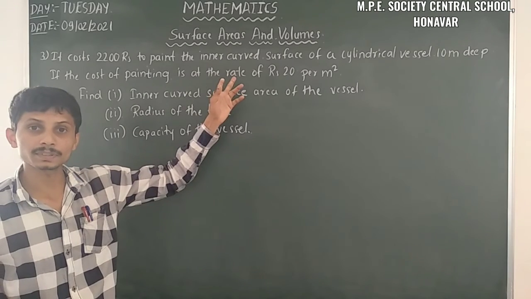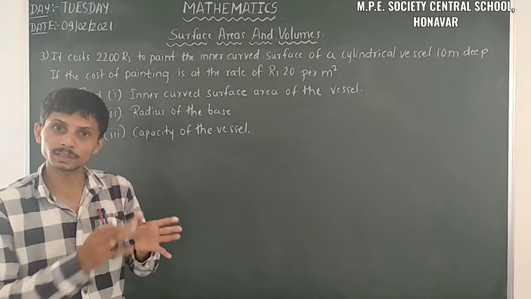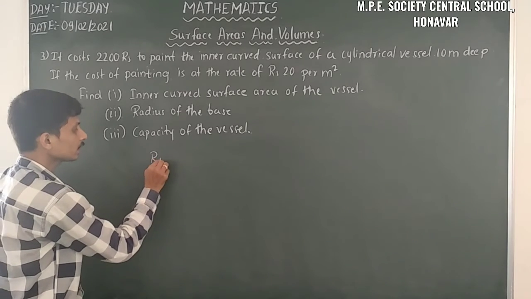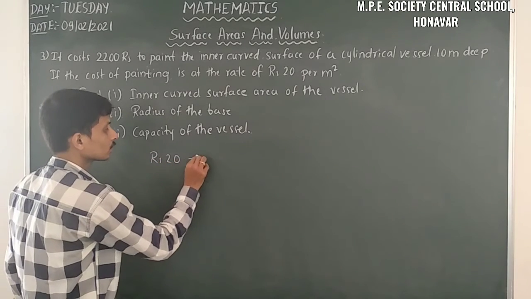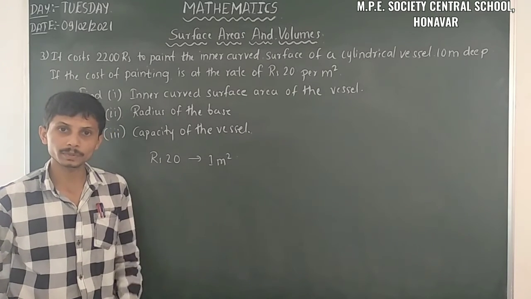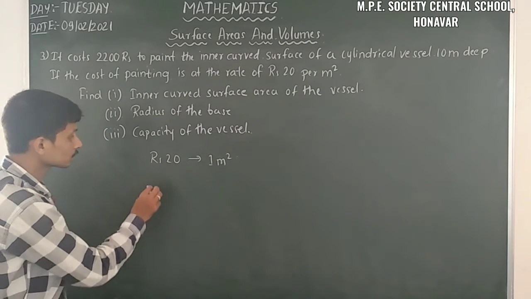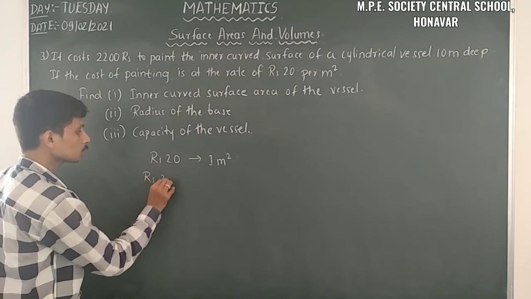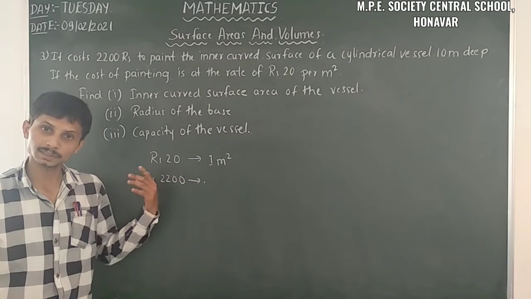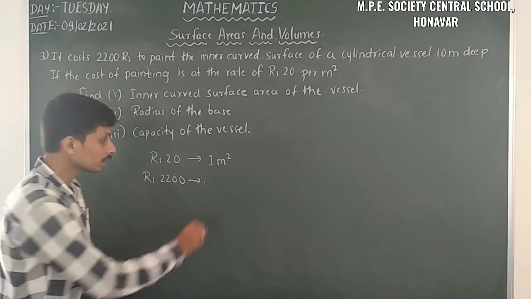So we can find out the inner curved surface area because we have to paint the inner curved surface area. So just observe here. Rupees 20 is required to paint 1 meter square area, and the total cost, rupees 2,200, we have to pay. That is, in how much area?